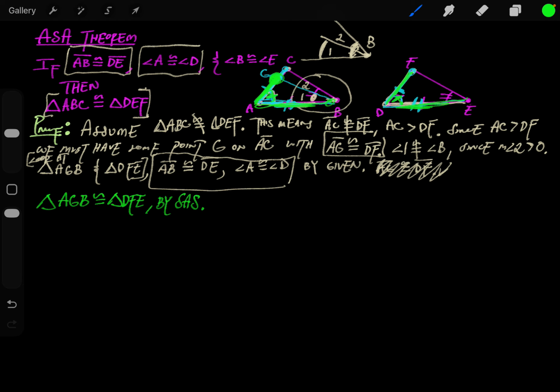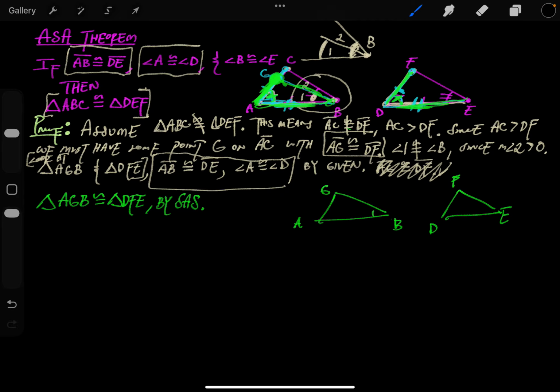If we pull out these two triangles, this is AGB, with angle 1 on this side, and this is DFE. Did I write the congruence in the right order? AGB, DFE. Yes, because this is the same as this, this is the same as this, and this angle was the same as this angle. So by side angle side, these two triangles are congruent, which means all the corresponding parts must be the same.